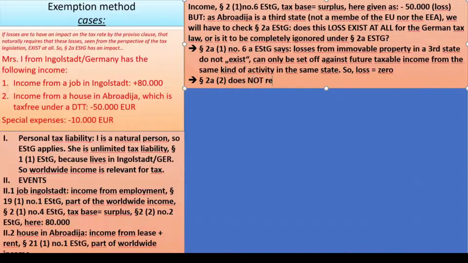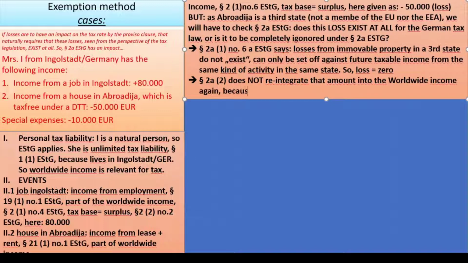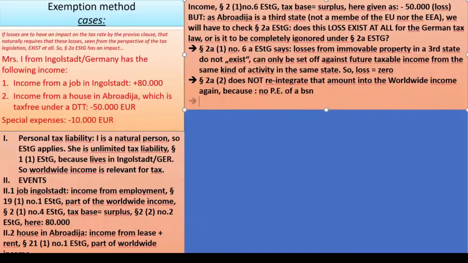does not reintegrate that amount into the worldwide income again, because that is only done with permanent establishments of a business, and we don't have that here, so no loss exists.